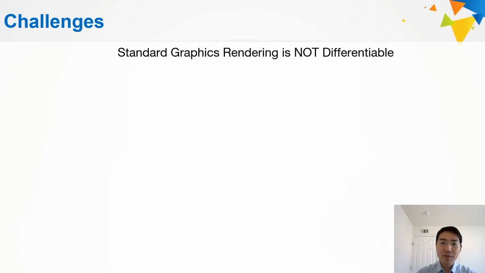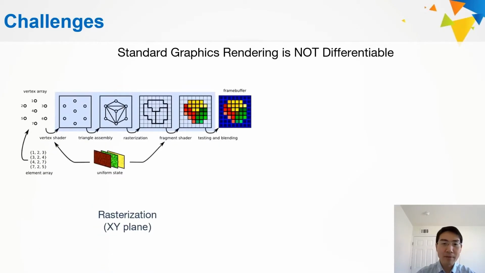Because standard graphics rendering is not differentiable. Why? First, let's see what the standard rendering task is doing. Let's say we have some 3D vertices. During the rendering task, one important step is called rasterization.